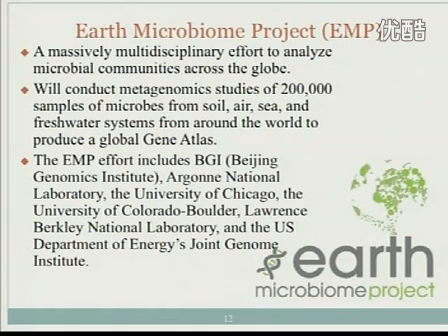So they will do like 200,000 samples of microbial organisms from soil, air, sea, and freshwater systems. So they don't do human or other animal related samples. But I think most of them will really be from soil.